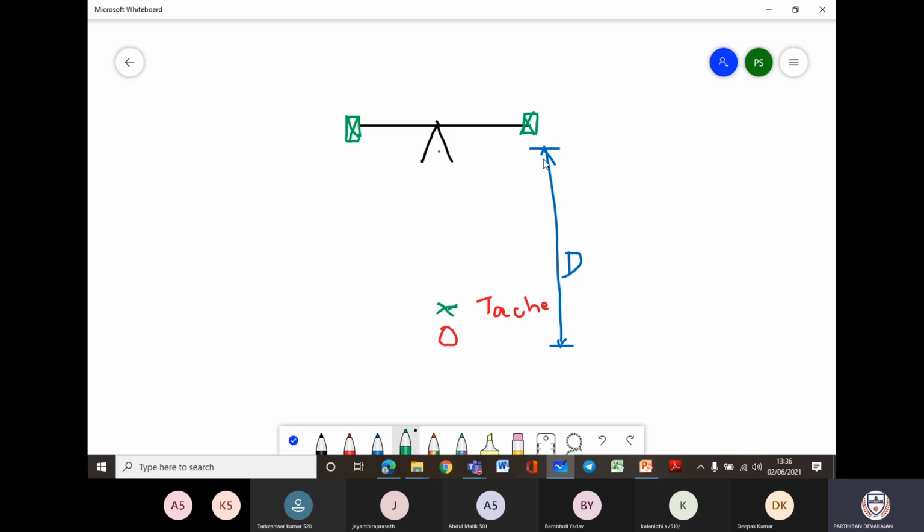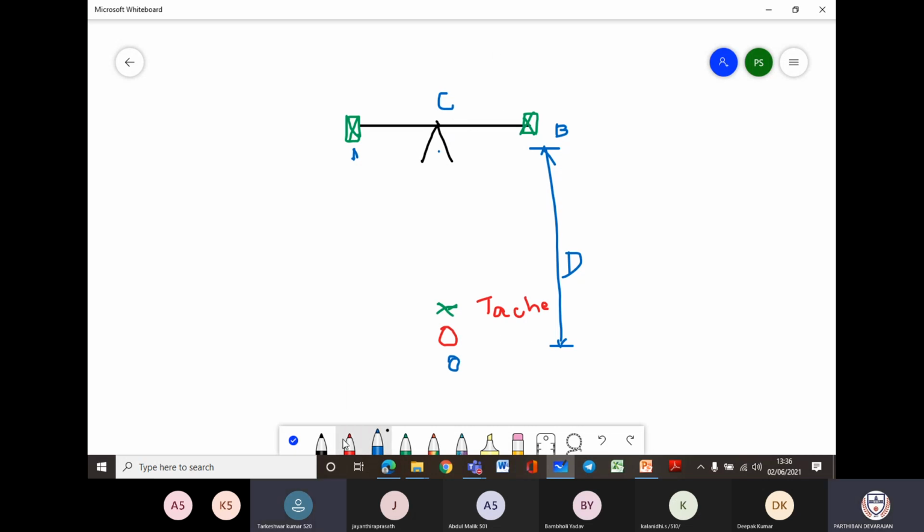From here to here we need to measure the distance. Here we are fixing a tachometer. I name this point as A, this point as B, this point as O, and the center point is C.